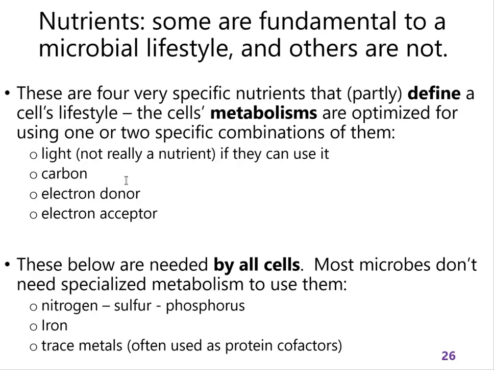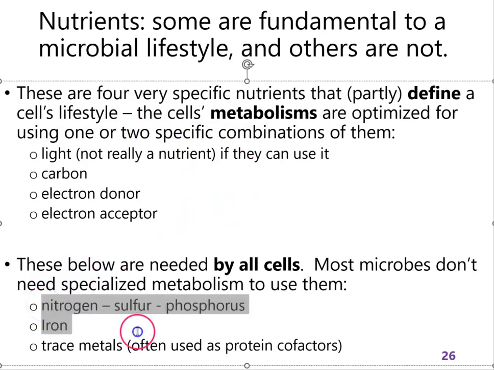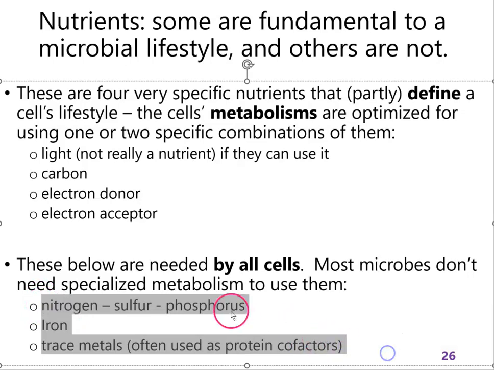There's just a lot of that kind of wild stuff going on in the world. But what I want to bring up here really is the nutrients that are needed by all cells, and why are they needed by all cells? And there are some kind of wild things that we can learn here.